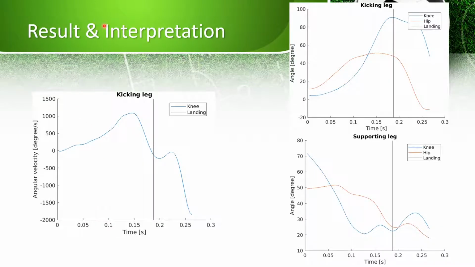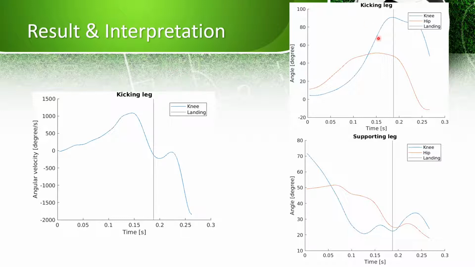Okay, so results and interpretation. Like I said, OpenPose can output the XY position of each joint in a JSON file, and I just imported the file into MATLAB and analyzed the data, basically just calculating the angle of the joint and angular velocity of the joint, and plotting it over time.